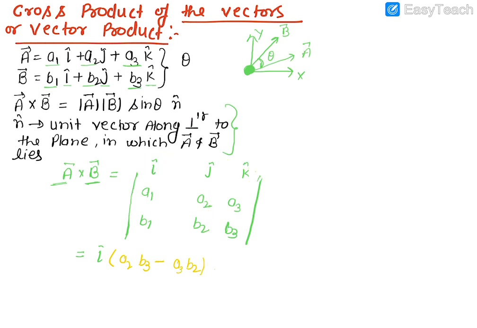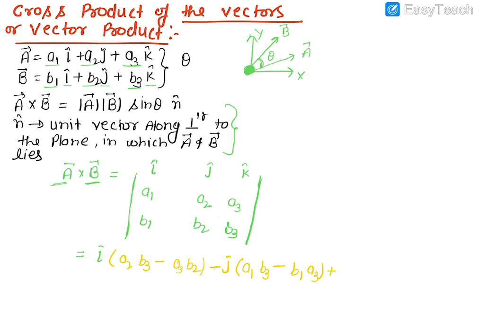Then we have to write the second one, j, and for j we have to write minus j cap. Then we have to close this thing as well as this thing. Now what will we multiply? We will multiply this a1 to this b3, so a1 b3 minus b1 a3, right, plus.